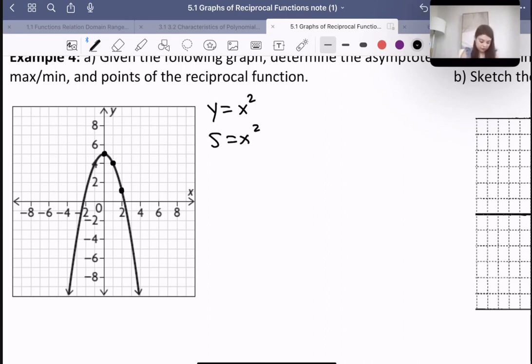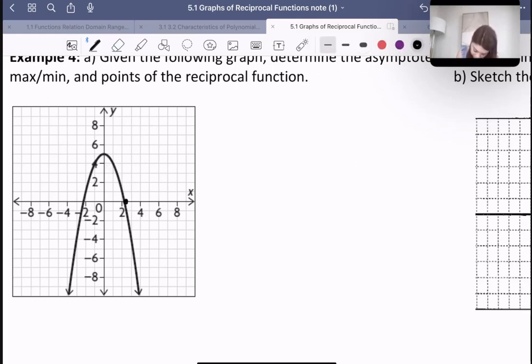What is root 5? Root 5 is about 2.236, blah, blah, blah. Okay, so you know what? For today, we're just going to use 2.2. Okay, we're going to say this is around 2.2. All right, so on our original function, we have two zeros.